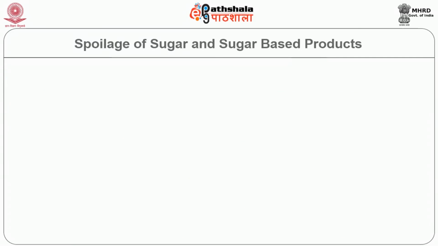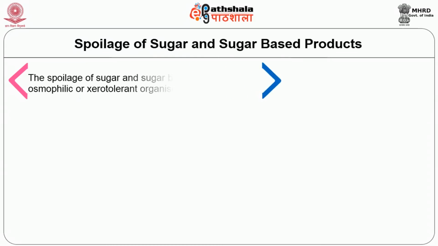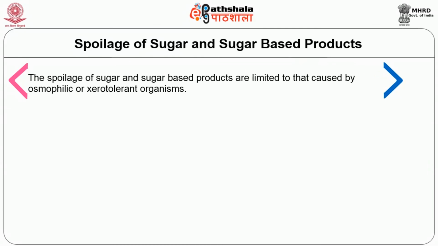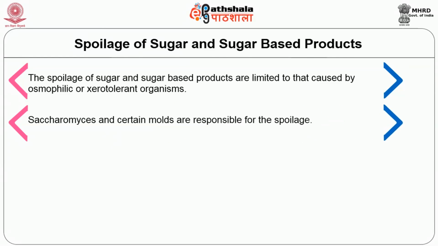Next, we will see about some common spoilage of sugar and sugar-based products. The spoilage of sugar and sugar-based products is limited to that caused by osmophilic or xerotolerant organisms. Saccharomyces and certain molds are responsible for this spoilage.